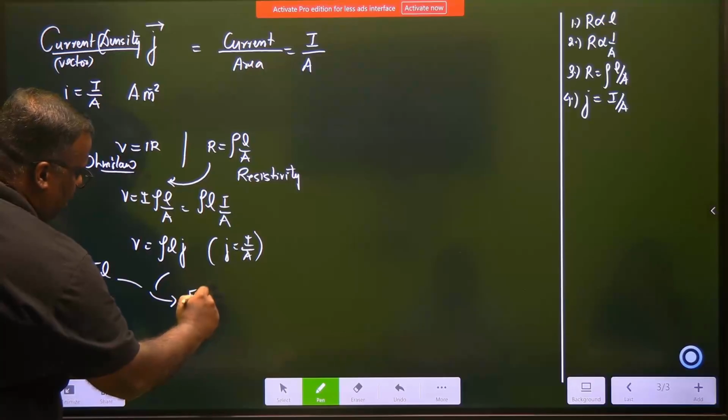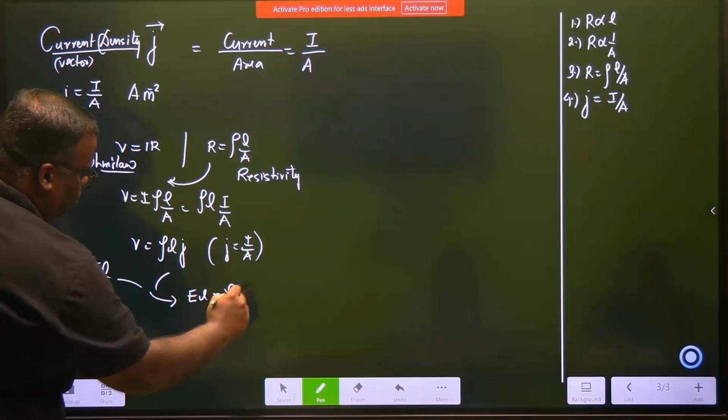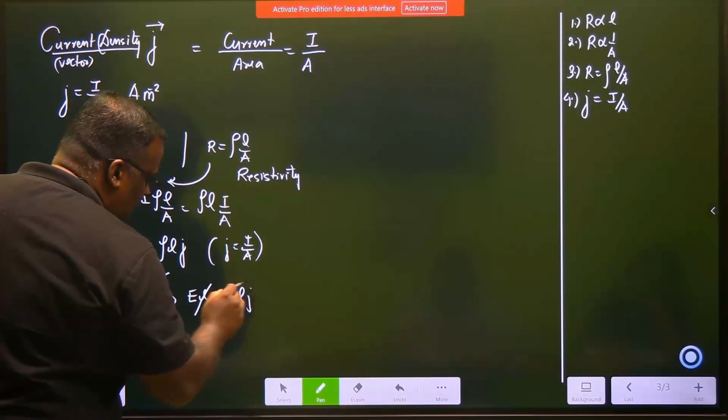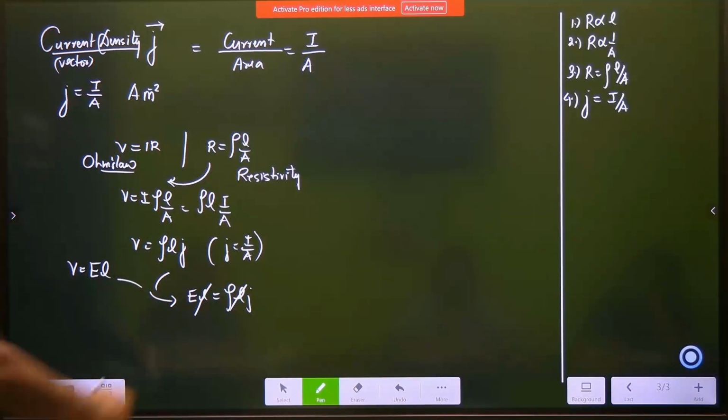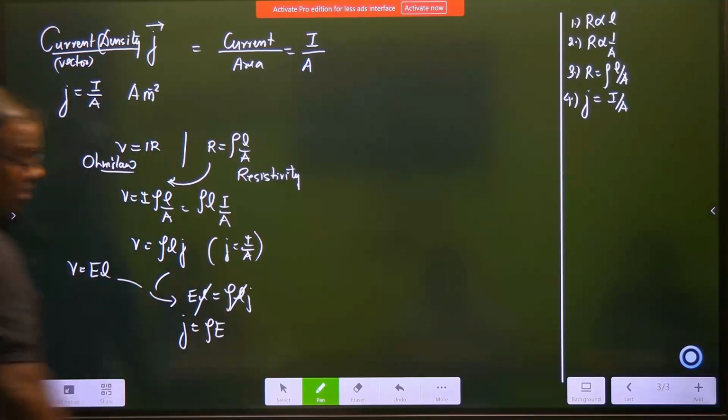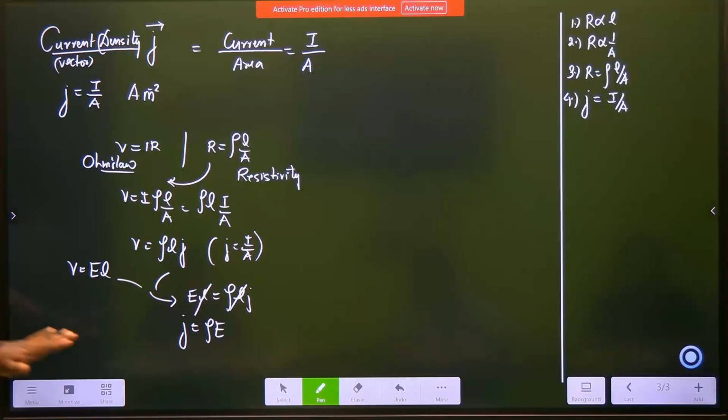That EL is equal to rho LJ. Correct? I cancel L and L, and I write J is equal to rho E. Does your heart agree or not? Wait, I'll give you time. No issues? Okay.